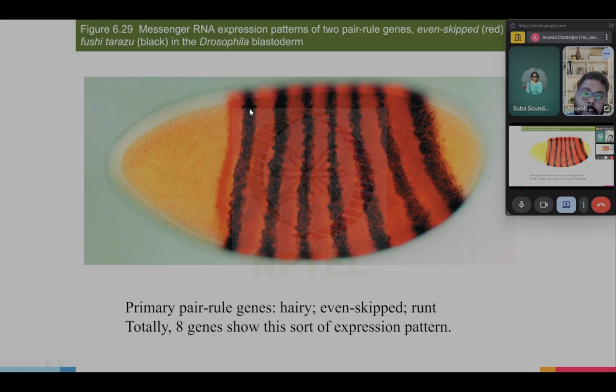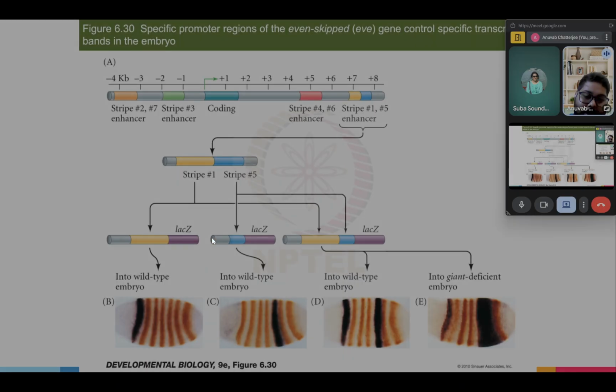So this red part would have increased all over this region because giant is not there. But since we have not stained for the red, we do not see it. If we had stained for the red gene, we would have seen expression being increased like this.